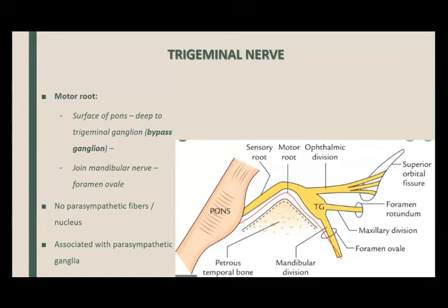Now this trigeminal nerve is associated with ganglia, parasympathetic ganglia. Beta, there are four parasympathetic ganglia in the head, and the trigeminal nerve is associated with two of them, the otic ganglion and the pterygopalatine ganglion.